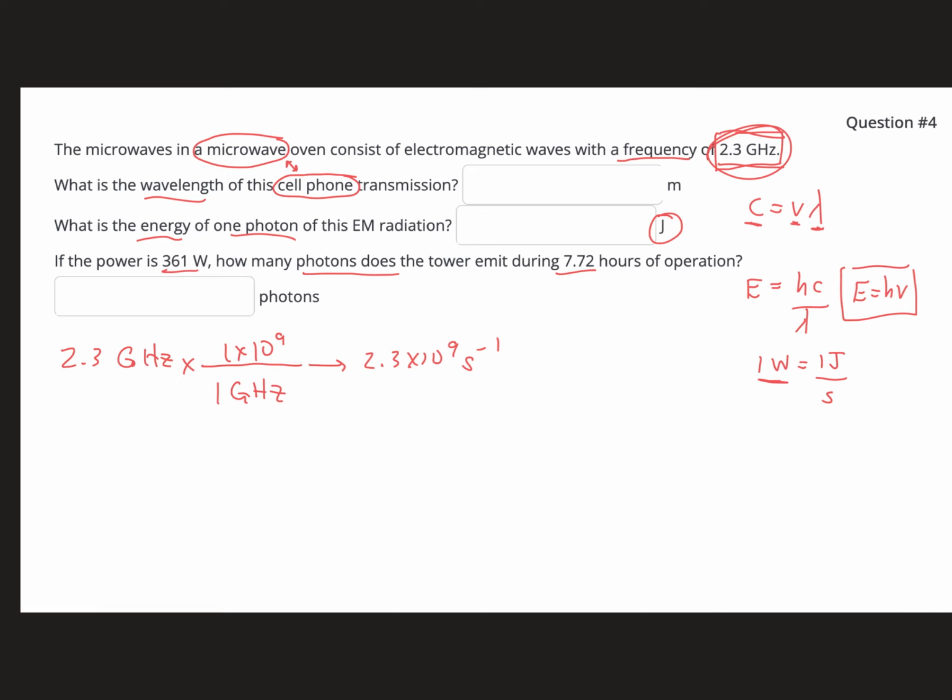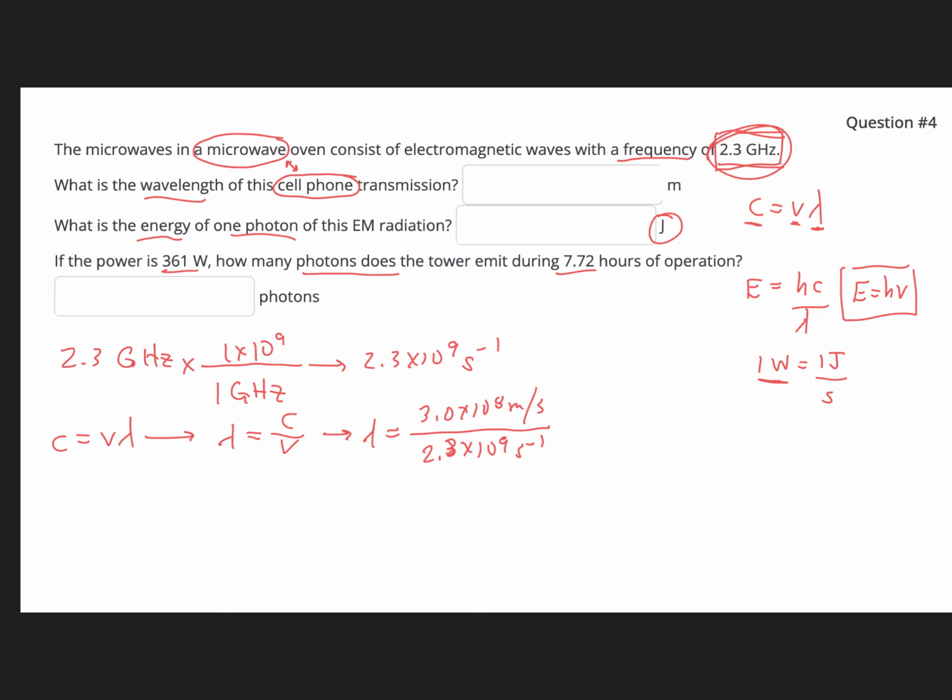Now I'm going to find the wavelength first. Speed of light equals my frequency times my wavelength. We're looking for wavelength, so wavelength equals my speed of light divided by my frequency. That's 3 times 10 to the 8th meters per second over 2.3 times 10 to the 9 inverse seconds.